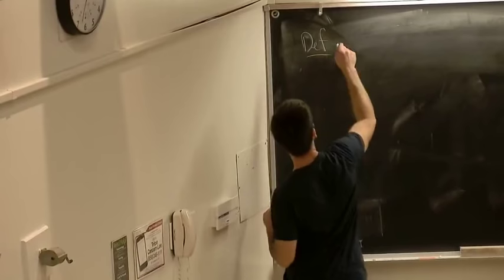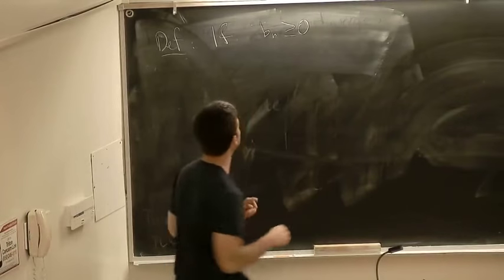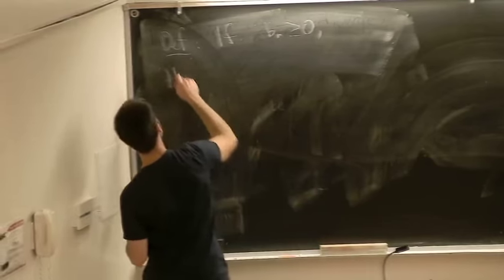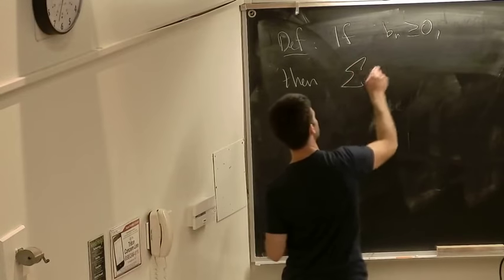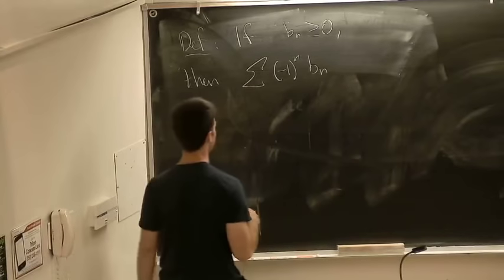So here's some definitions. If Bn is, say, a sequence of positive terms, then a sequence of the form -1 to the n times Bn is called alternating.